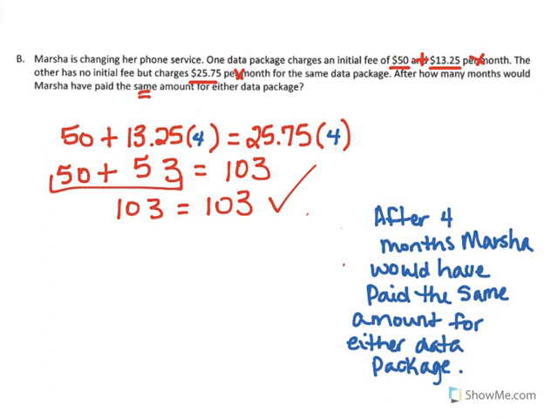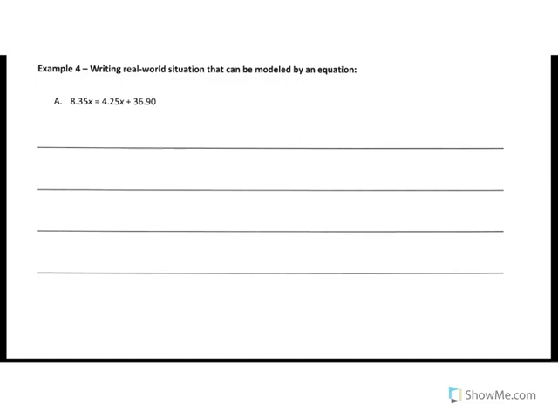So that means that our last question has to go with our last TEK, which is 8.8b. 8.8b, we're writing real world situations that can be modeled by an equation. So that means that you've been given an equation and now you need to choose a real world situation that is represented by that equation. We're going to stop the video here for an activity, and then you can come back and see my sample problem that I put.